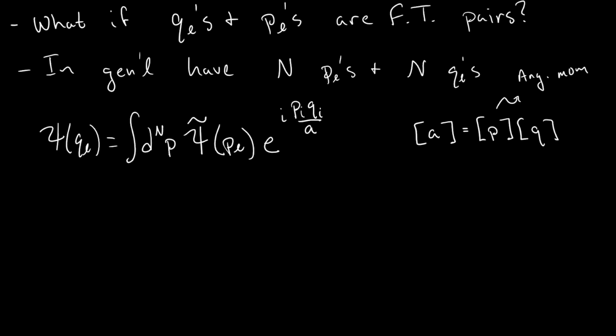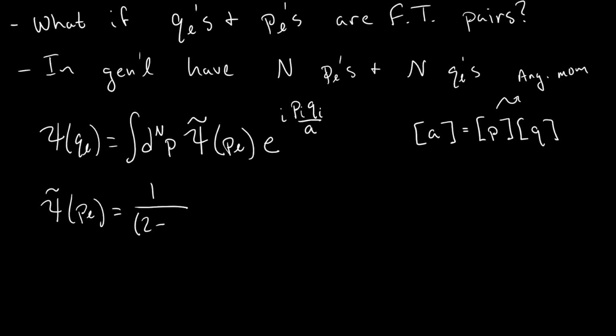Now I can invert everything. I can do the inverse Fourier transform. And this is going to look a little bit weird, but just bear with me. I have to have the 1 over 2 pi, but I have to have n of them because I'm doing n Fourier transforms or n inverse Fourier transforms. But also, this weird factor of a here messes this up as well.